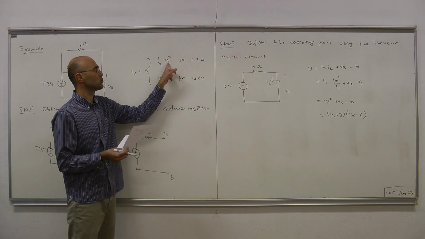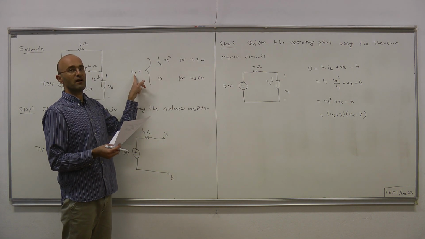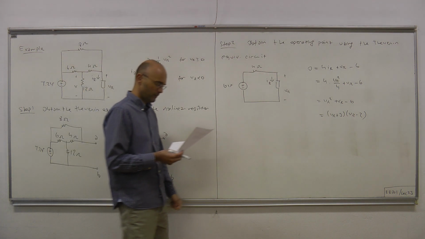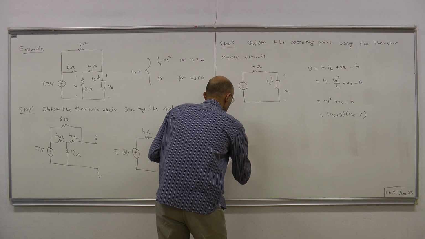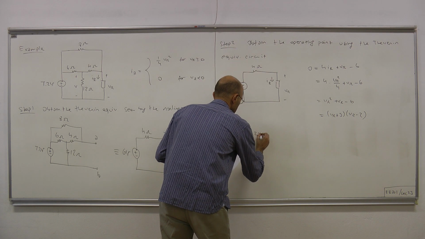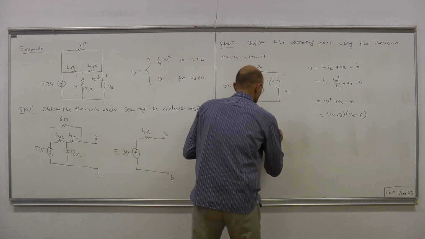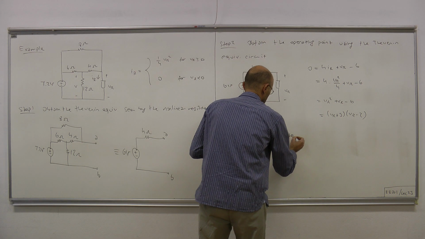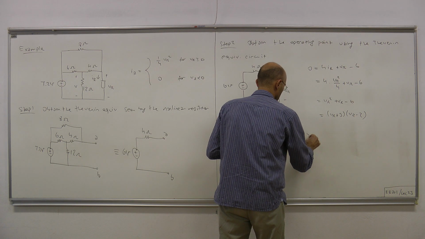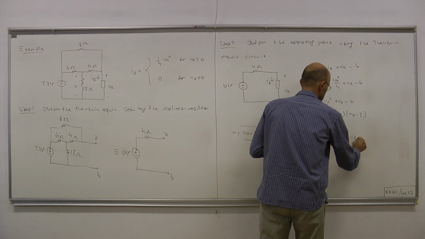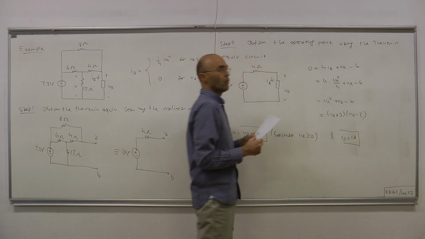And once we have VR equals 2 volts, the corresponding current can be computed from the thermal equation. So we have VR equals 2 volts, because VR is positive, and IR equals 1 amp.